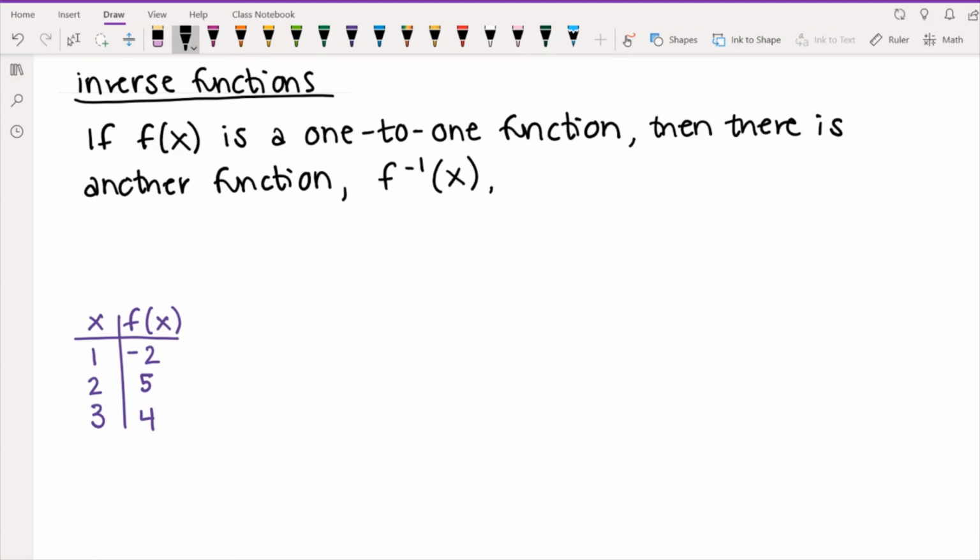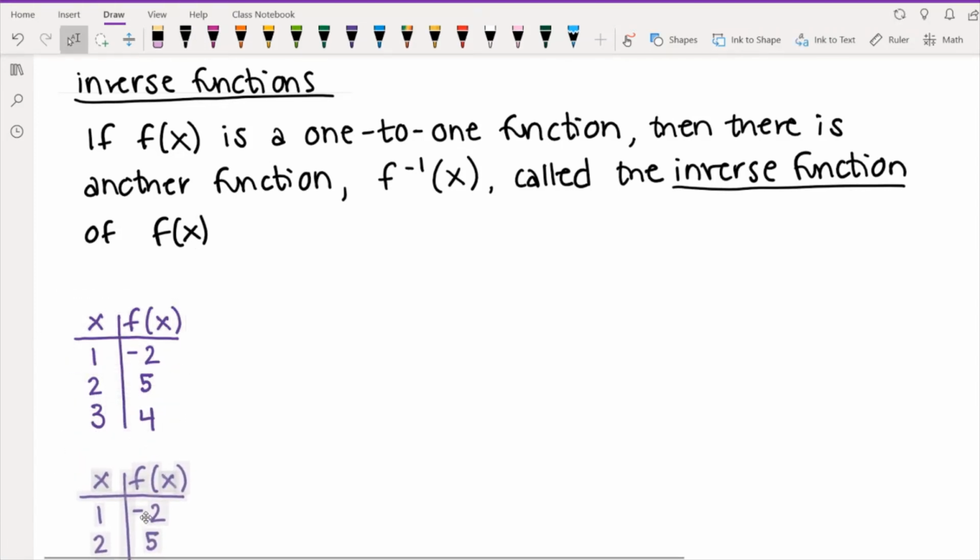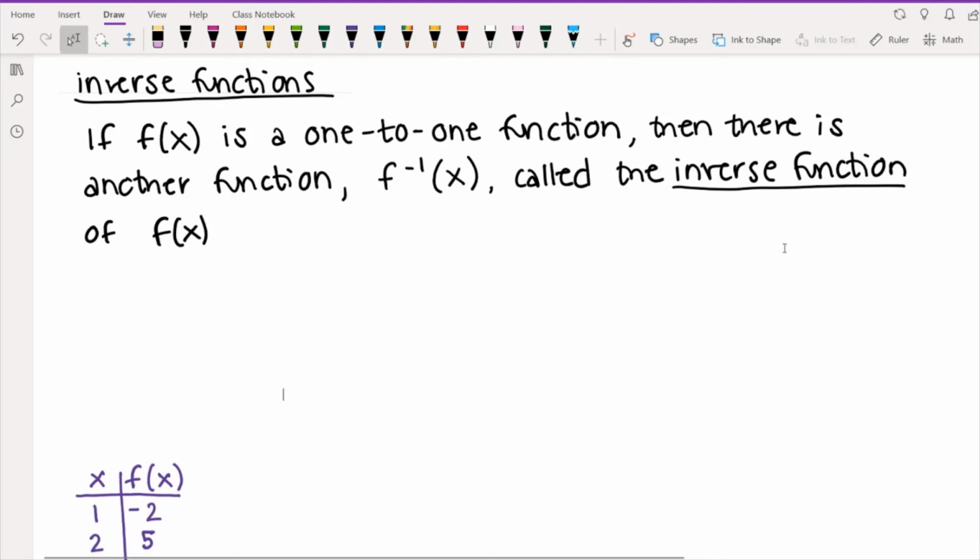And so this function is called the inverse function of f of x. And so what is this inverse function?